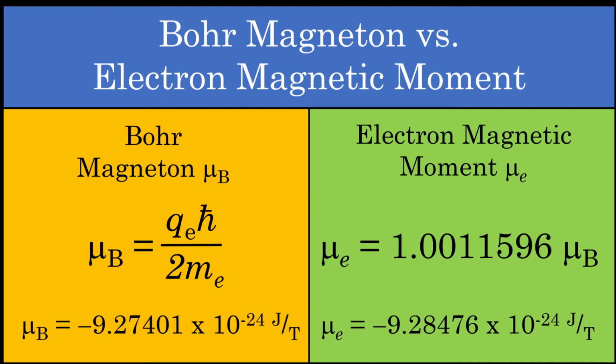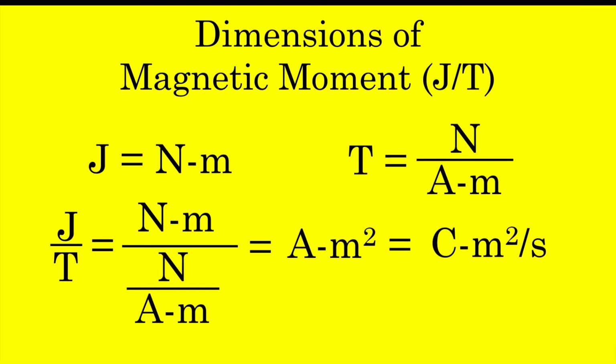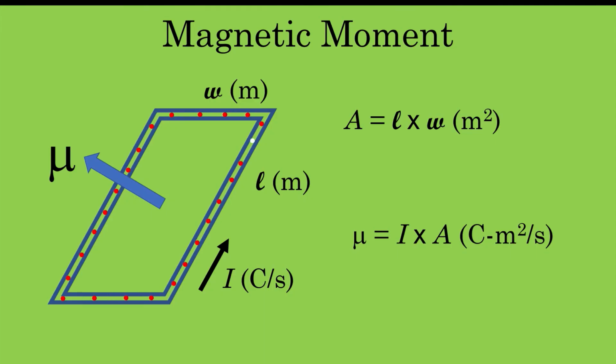The dimensions of magnetic moment, joules per Tesla, can be reduced to coulombs meters squared per second. In the macroscopic world, this is interpreted as the product of a current, coulombs per second, and the area of the loop, meters squared, the current is moving through.